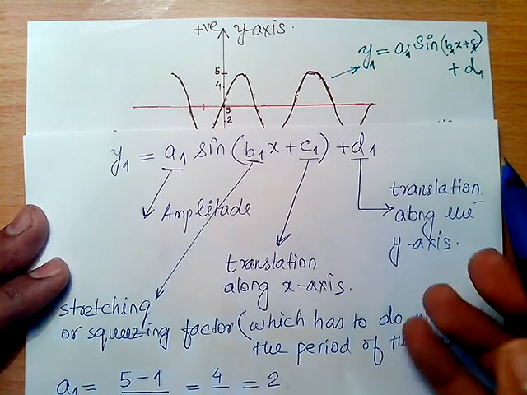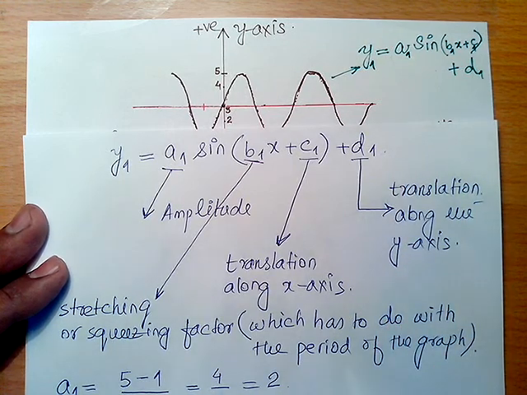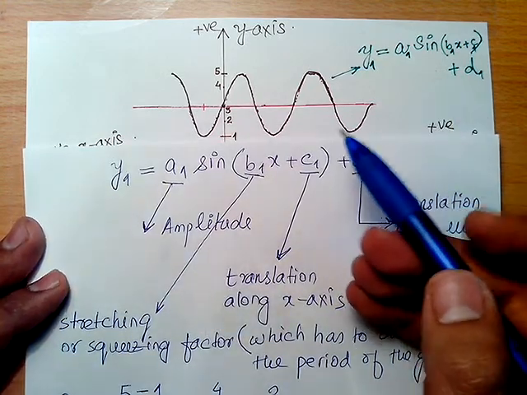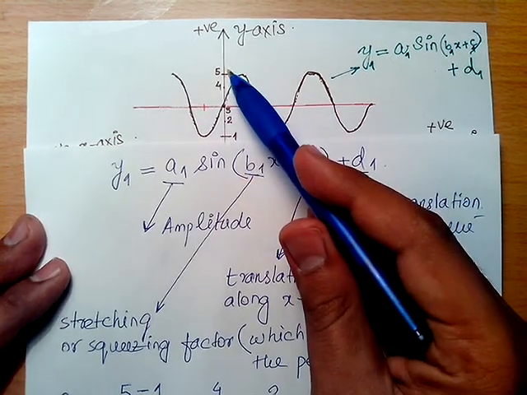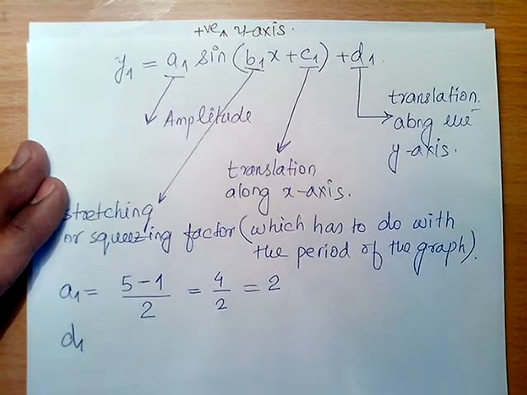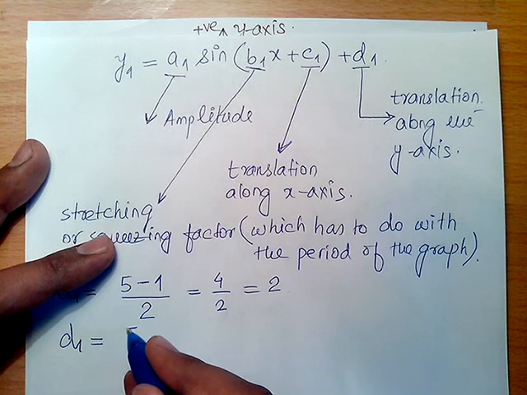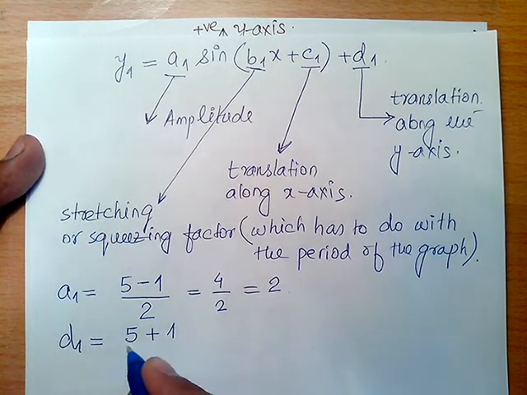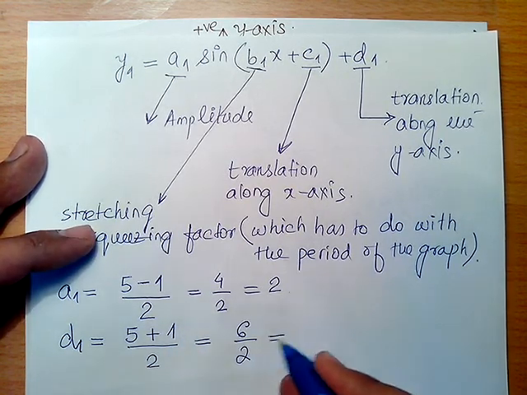Now we need to find the translation or displacement along the y-axis, which is d1. How do we find d1? We have the same formula with the deepest point and the highest point, which are 1 and 5, but instead of subtracting, we add them, highest point plus deepest point divided by 2, which is 6 divided by 2, which is 3.